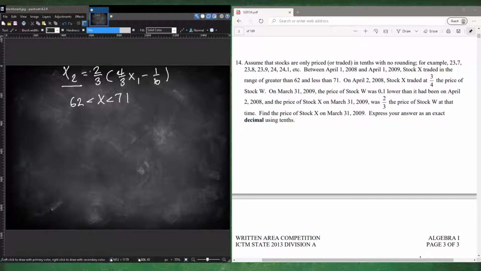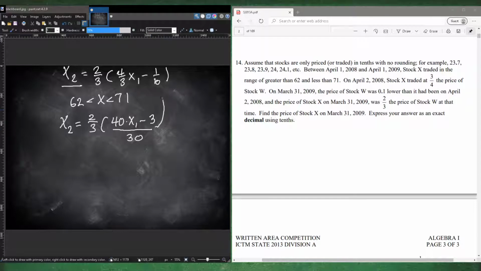So what we could do now is distribute this out. So X2 equals, actually, let's first simplify this one. A 3 and a 10, the least common multiple is 30. So we need to multiply by 10 on this one, so that's 40 times X1. Actually, let me write the 2/3 first. 40 times X1 minus 3 over 30.